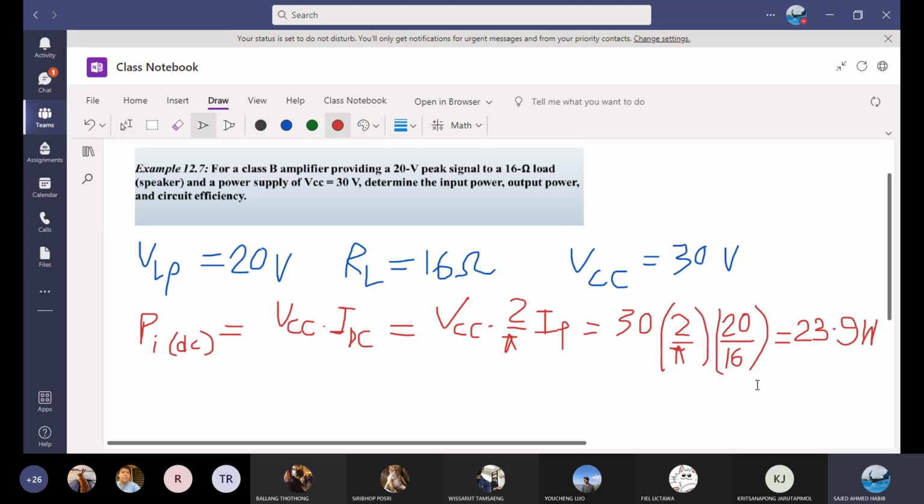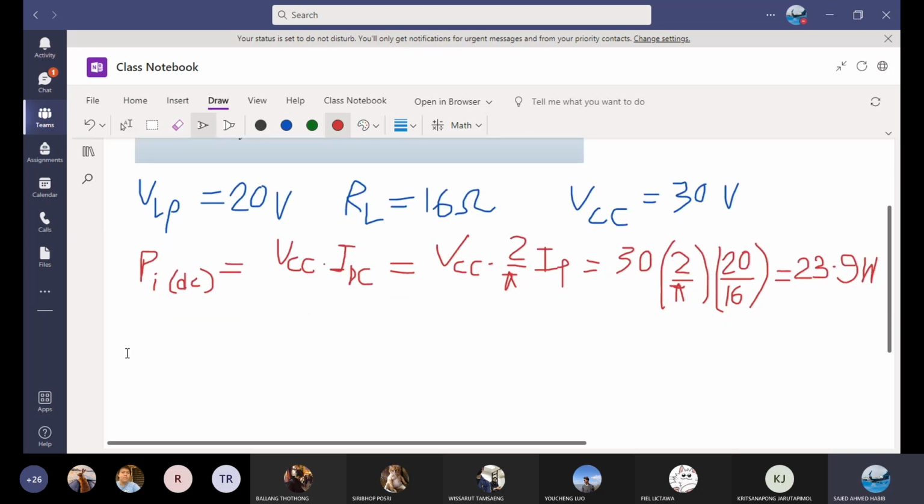Input power done. Mr. Thirawut is doing the output power part. What is the output power for a Class B amplifier? You can look at your own slide. I posted it. It is VCC square divided by, no, that is for maximum efficiency.